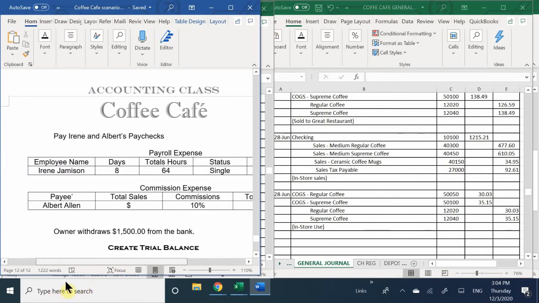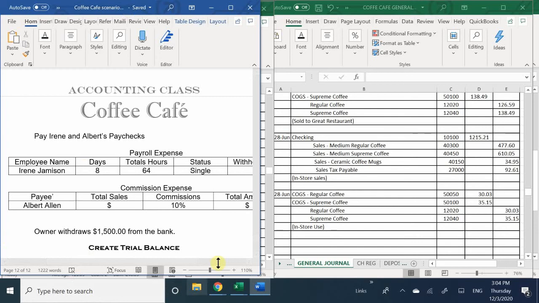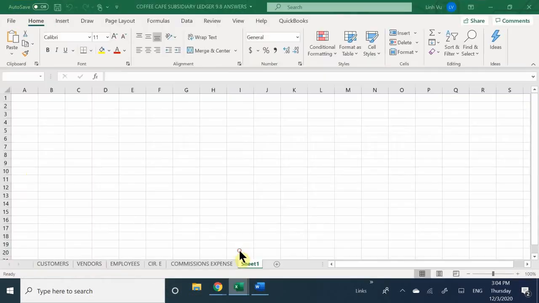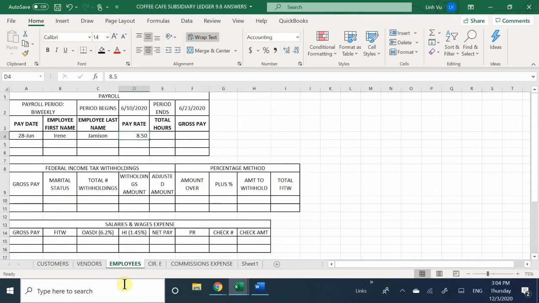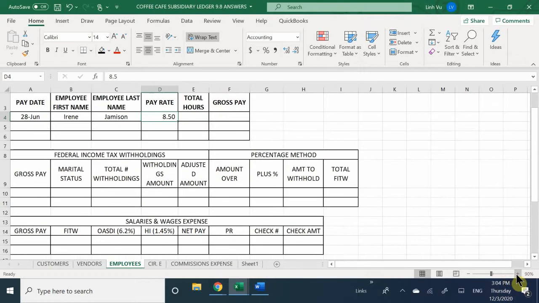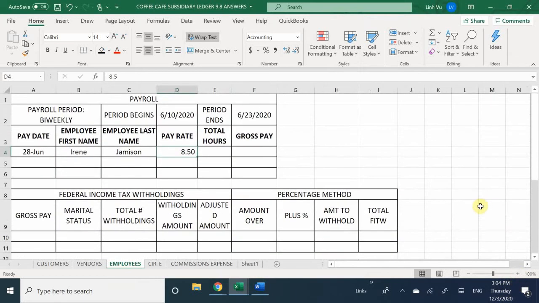Let's go into our subsidiary ledger because that is where I placed Miss Irene. Looking at this table here, I've constructed an easy table to calculate payroll a lot easier.